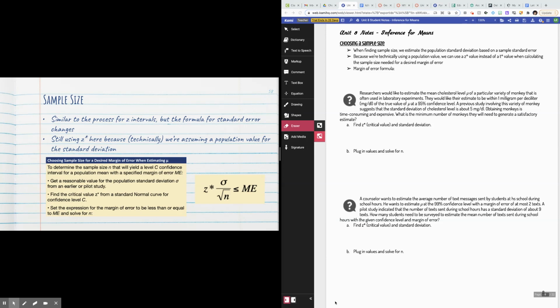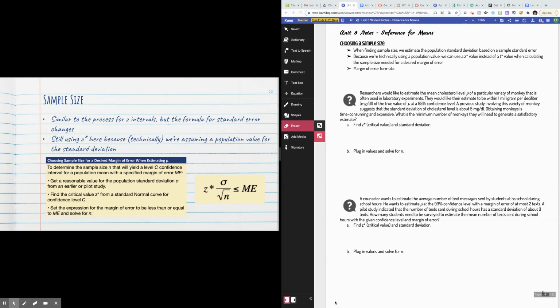Okay, so the process that we'll follow is very similar to what we did for Z intervals from the last unit for proportions, but because we're dealing with means, the standard error formula changes. Instead of p(1 minus p) over n all under the square root, it's standard deviation divided by the square root of n, okay?